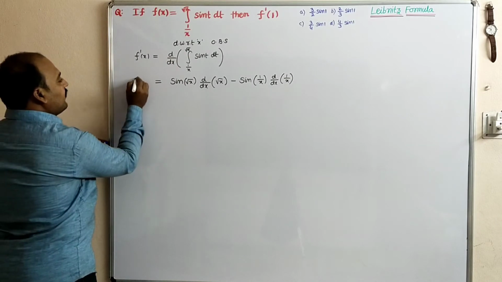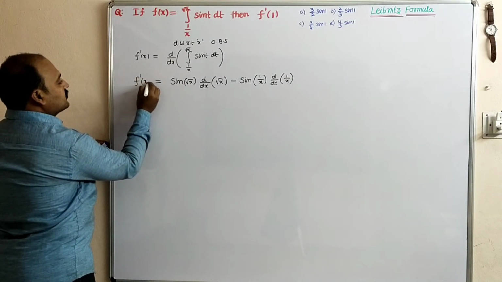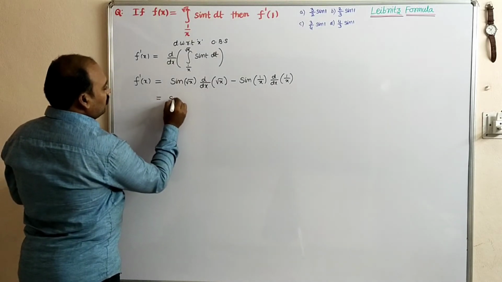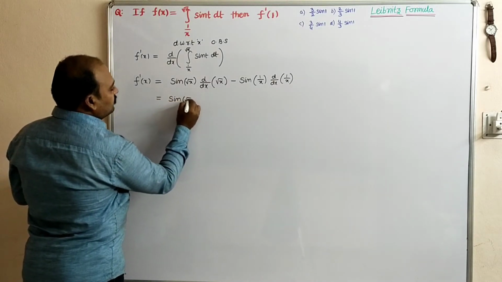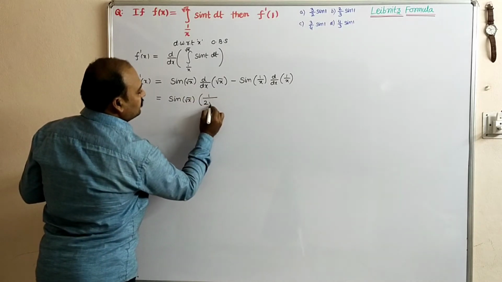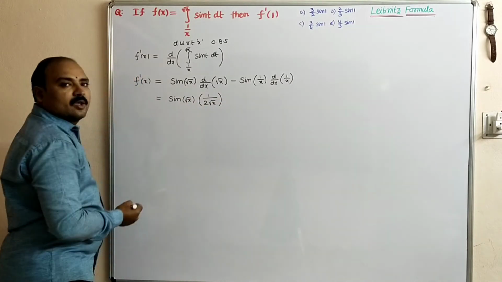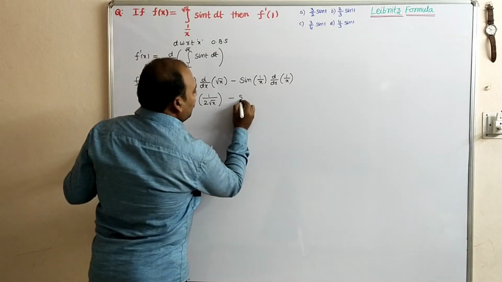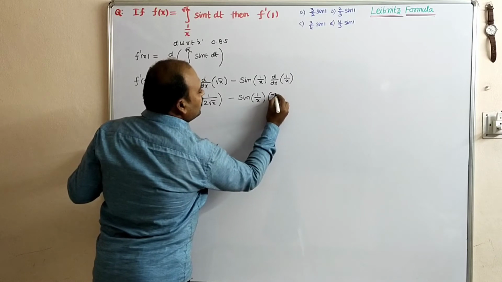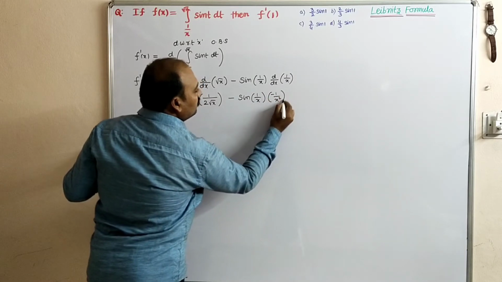So this is the value of f dash of x, which is equal to sin of root x into d by dx of root x, which is 1 by 2 root x, minus sin of 1 by x. d by dx of 1 by x is minus 1 by x square.